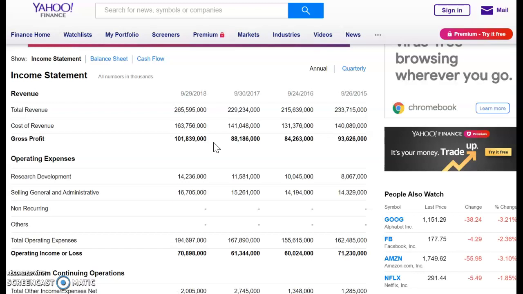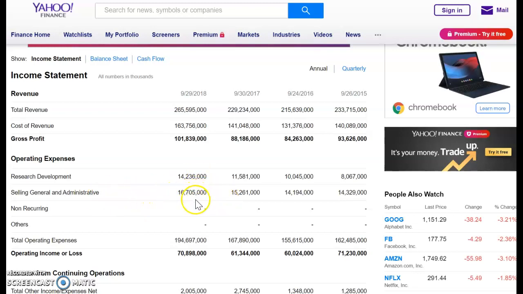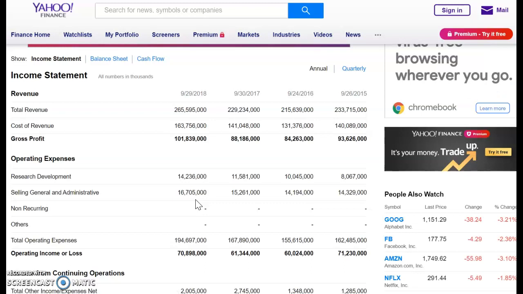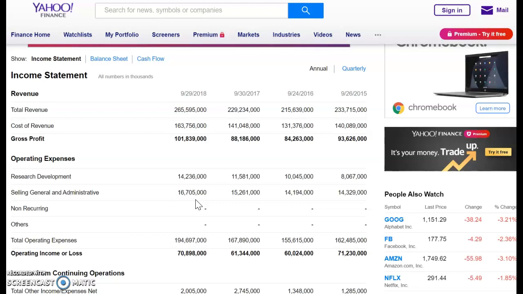So for example, even though we see selling, general, and administrative expenses lumped into one category, if you work for this company, you could go in and see each individual expense and how much was spent on salaries or employees' expenses, and how much was spent on, let's say, marketing or advertising.